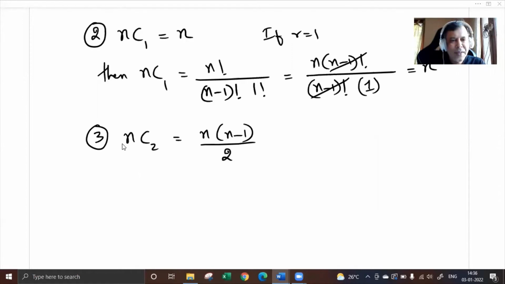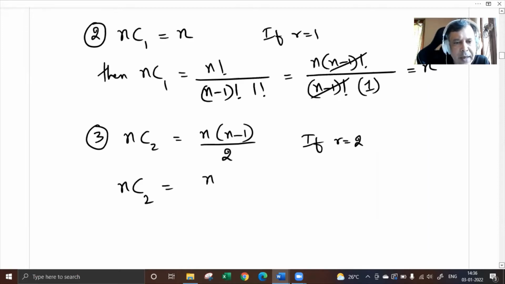The next to prove is nC2 is equal to n into (n minus 1) by 2. That means we are going to substitute now r as 2. If we do that, we will get in the formula nCr, if we substitute r as 2, then we will get nC2 is equal to n factorial divided by (n minus 2) factorial into 2 factorial.